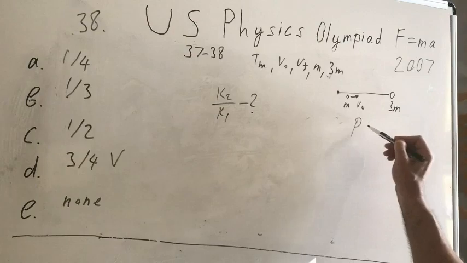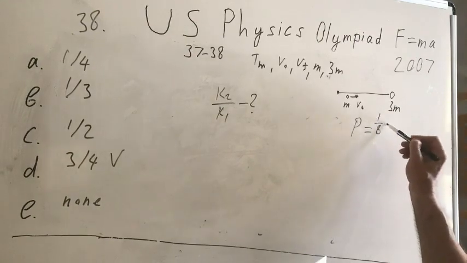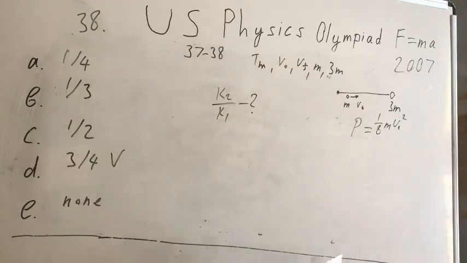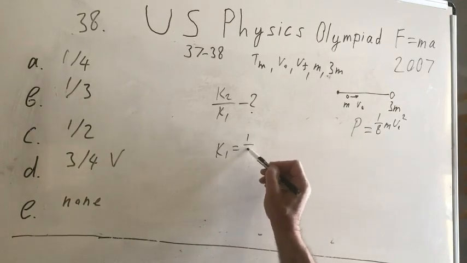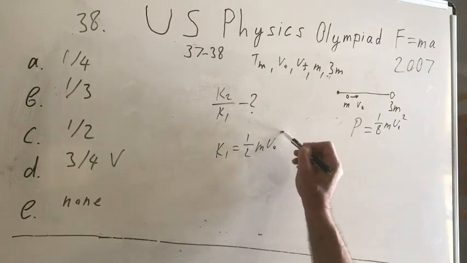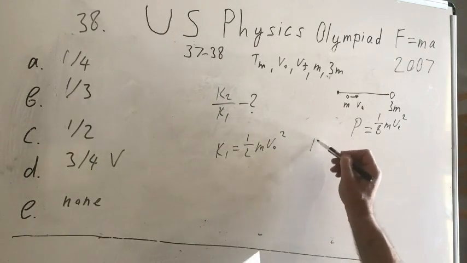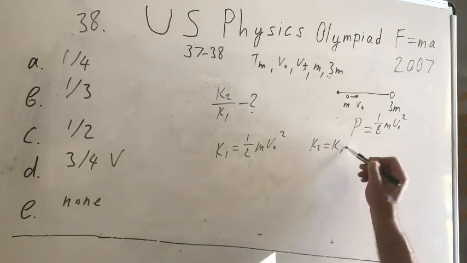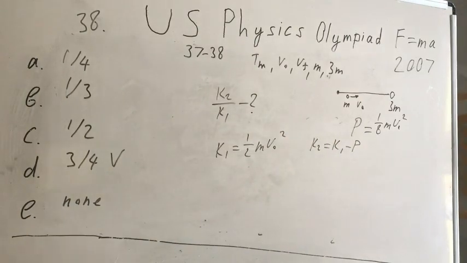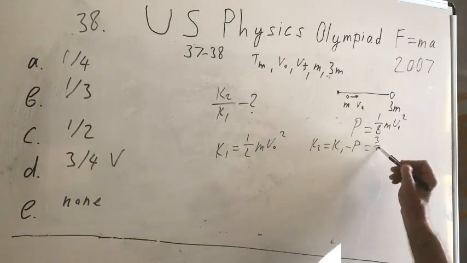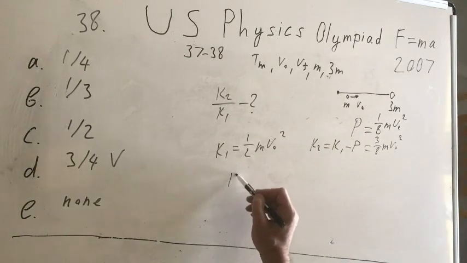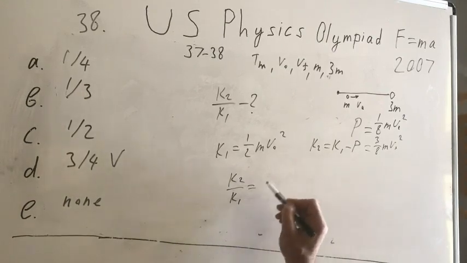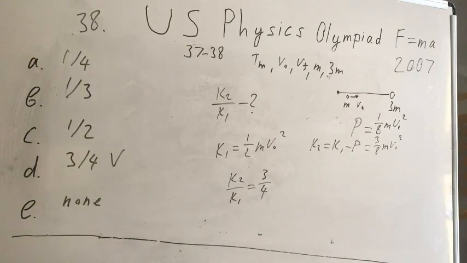That was P equals 1/8 m v0 square. And the initial kinetic energy K1 was 1/2 m v0 square. So to find K2, we just need to subtract from K1 the lost potential energy, which is 3/8 m v0 square, and finally K2 over K1 equals 3/4, which is answer D.